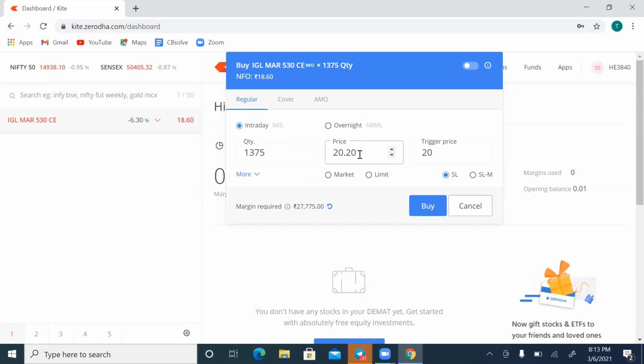So it will not execute at 25 or 27 or 29. There are rapid changes in the strike prices. So it may go to 27 after 20. But our aim is to take about 20, and there could be some gap, right? So 20.20 or 20.30 is what we have to mention in our trade, so that NSE will understand, okay, this guy wanted to take the trade between this price. So it will get executed.